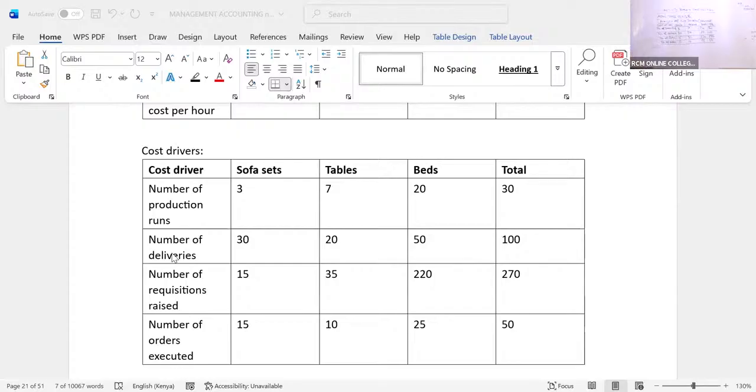Of course, there may be additional cost drivers, most probably machine hours, labor hours. For you to see whether there are additional cost drivers, go back to the overhead items you are given.